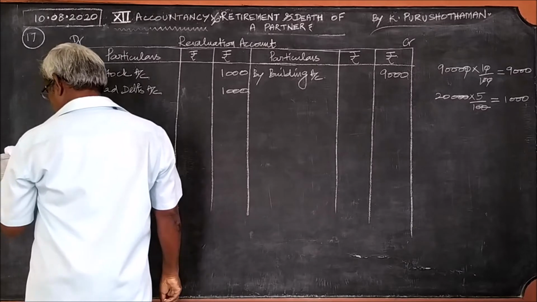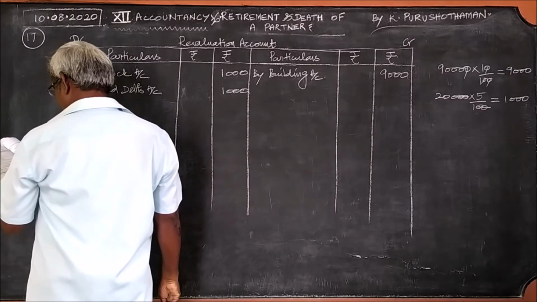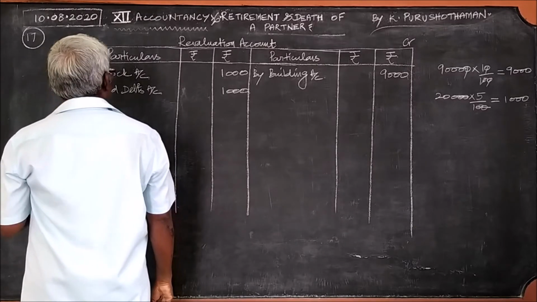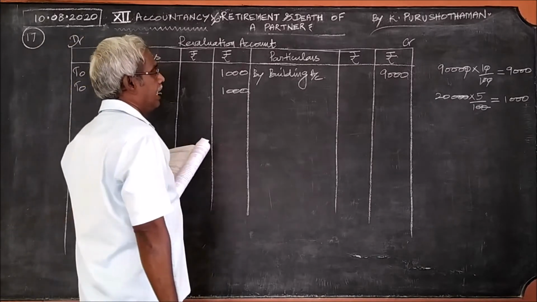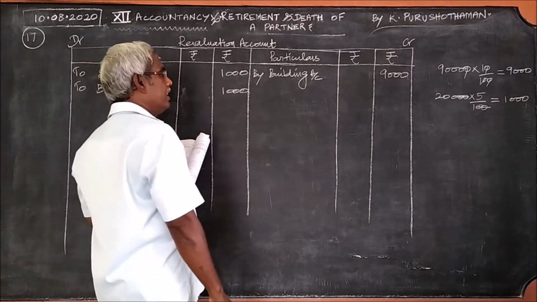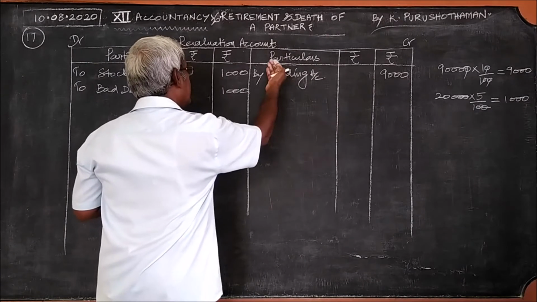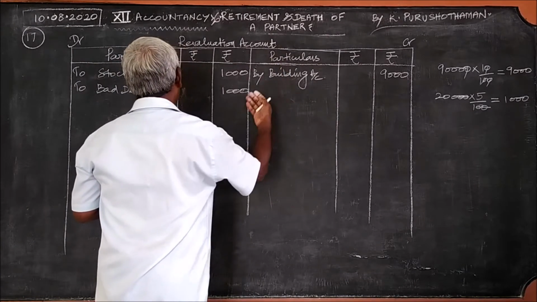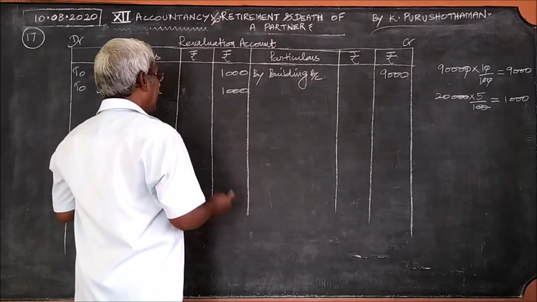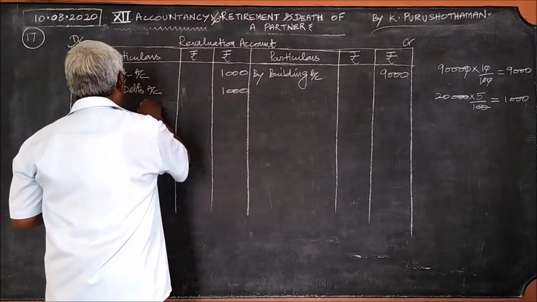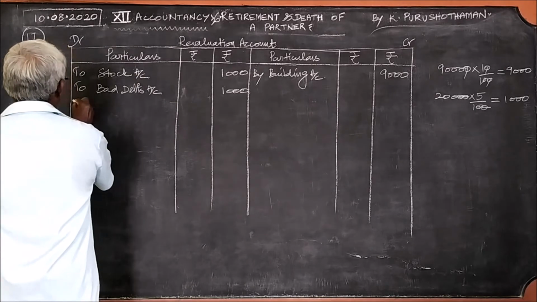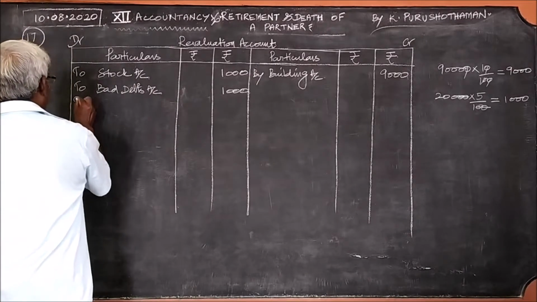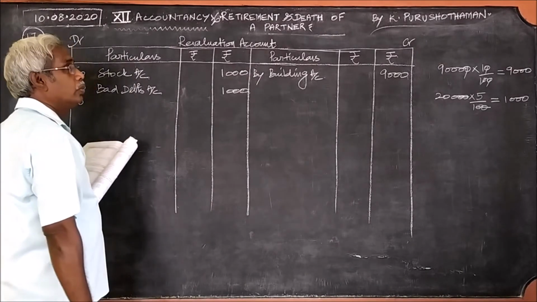Then an unrecorded liability, rupees 8,000, has been noticed. Unrecorded investment is an asset, therefore it is profitable. Unrecorded liability is a loss item. Liability means, in this problem, the amount the business owes to others.